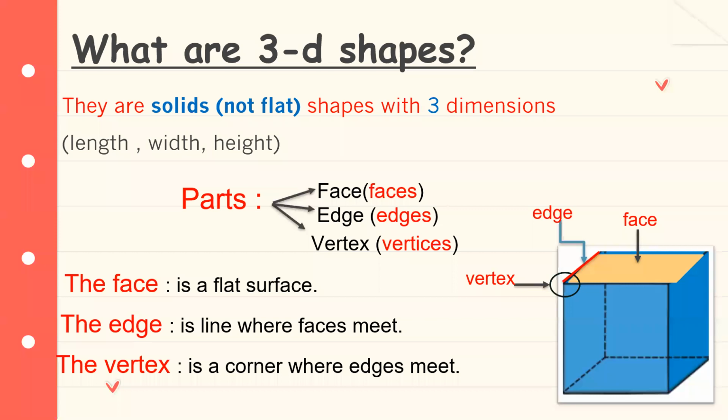What is the face? The face is a flat surface. The edge is the line where 2 faces meet. The vertex is a corner where edges meet. Okay? Now let's listen to a song about 3D shapes.